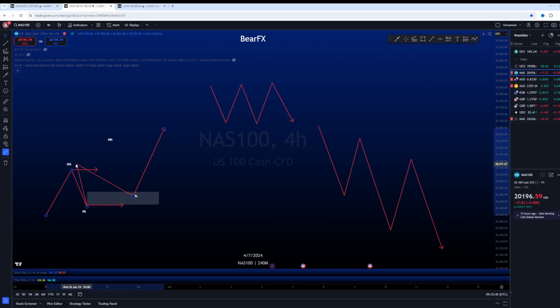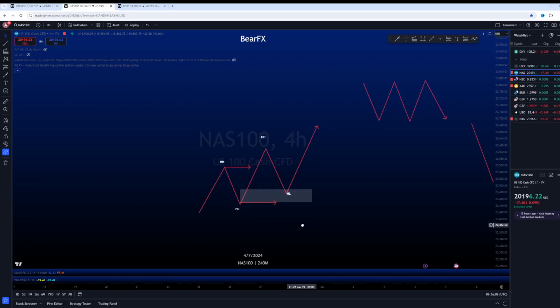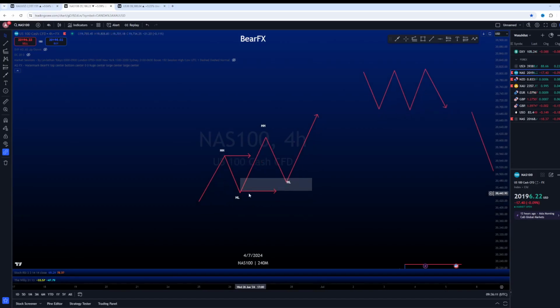Then we're expecting price to pull back because that's what it always does. Price always pulls back and then pushes up, pulls back, pushes up when it's trending. That's exactly what price does. So this is our strong low, and we will write strong low down here.